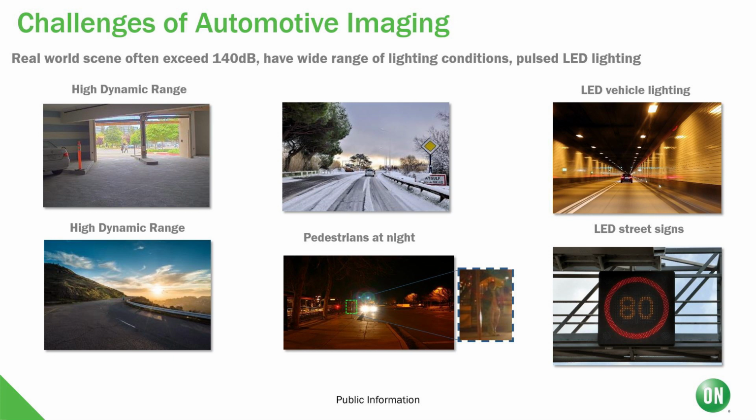Traditional image sensors, when they try to capture that, there will be a beat pattern between the refresh rate of the LED and the capture rate of the image sensor. And typically we'll see some type of missing portion of the scene. So high performance automotive sensors with LED flicker mitigation can correctly capture the image.